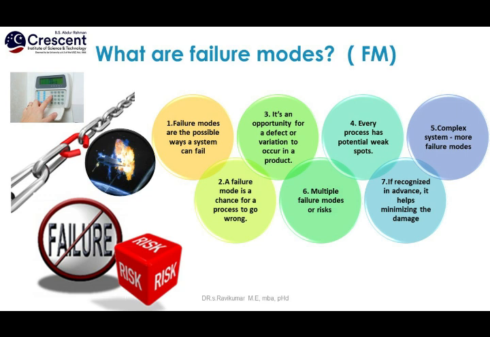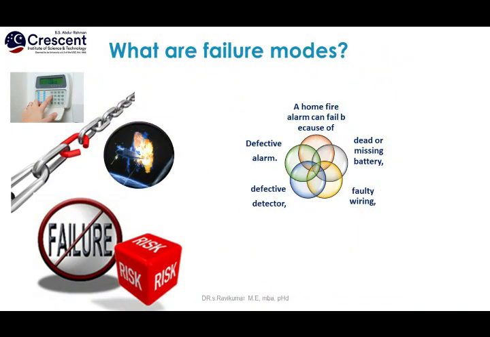Then the third one, detection: whether I'm able to detect it certainly or not able to detect at all. Based on the ability to detect in advance, or the certainty to detect, you can give a rank from 1 to 10. If I am able to detect certainly, I can give a rank of 1, 2.